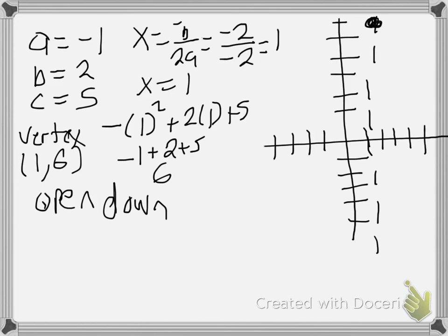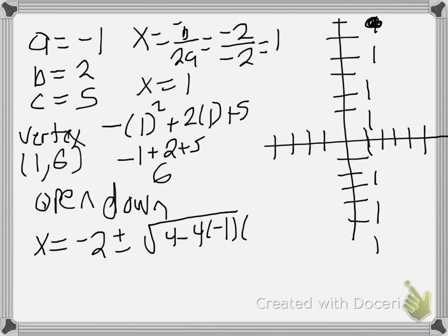Okay, since I have a -1 and all that fun stuff, I'm going to use the quadratic formula. So I have x equals the opposite of b, which is -2, plus or minus the square root of b squared, which is 4, minus 4 times -1 times 5, all over -2.